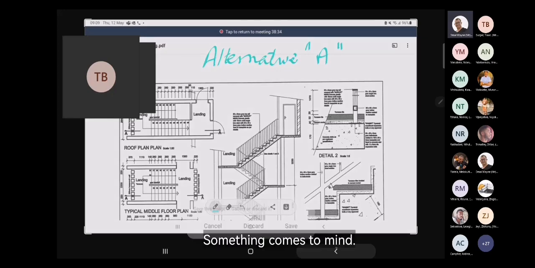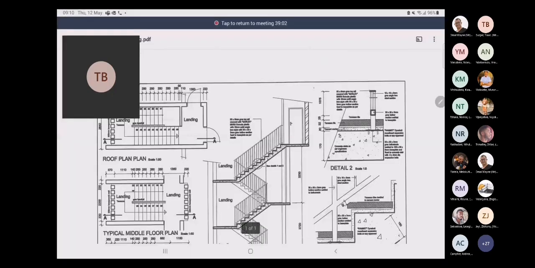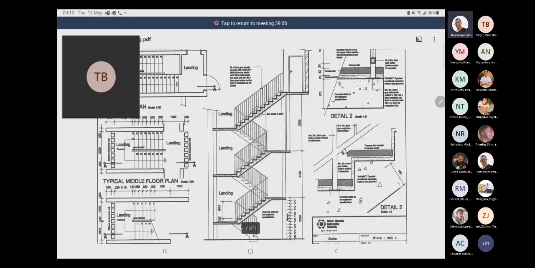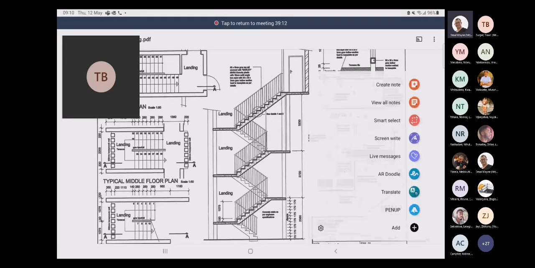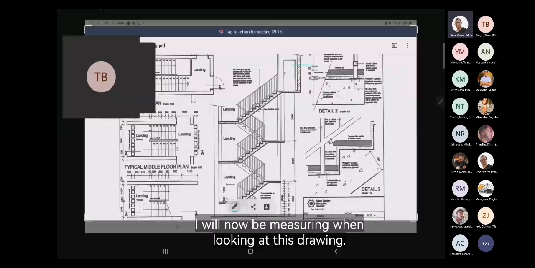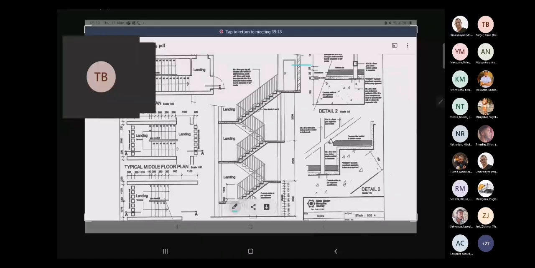Something that comes to mind when looking at alternative A: I will be measuring, when looking at this drawing, that.